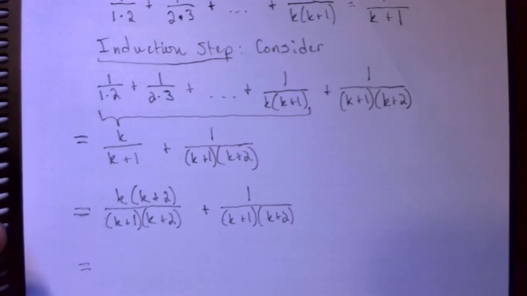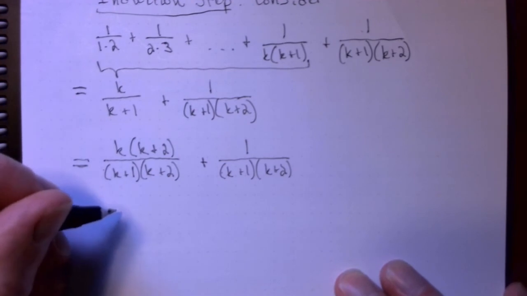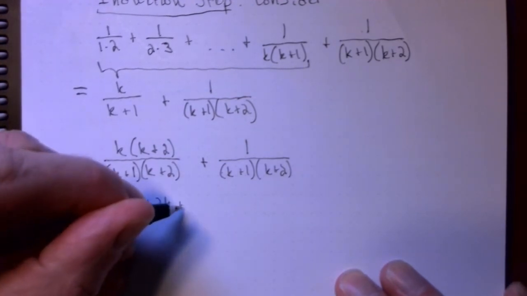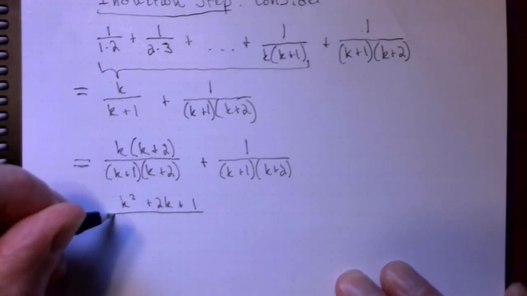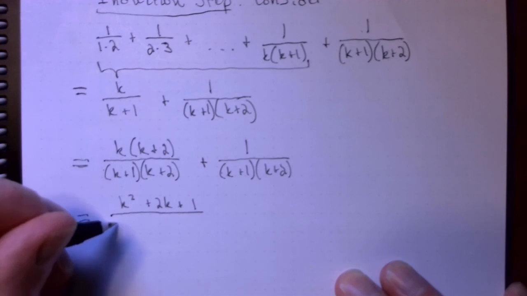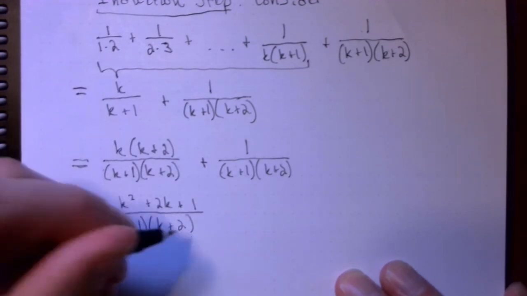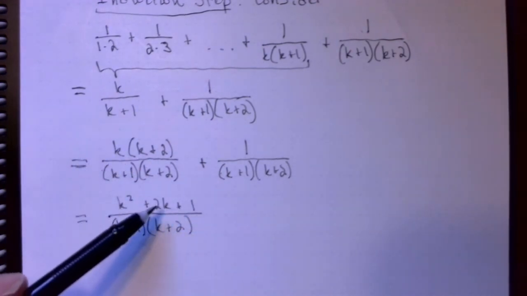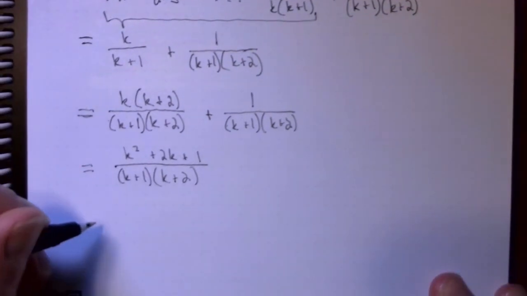Now that we have the fractions in terms of common denominators, I can combine the numerators. Notice I multiplied through the k there. All right, one more step.